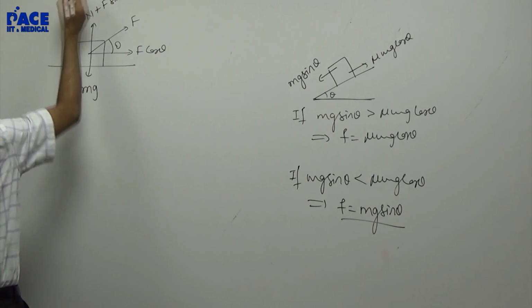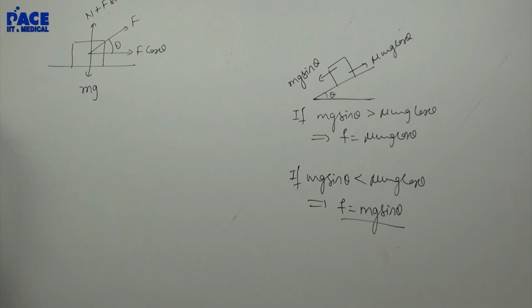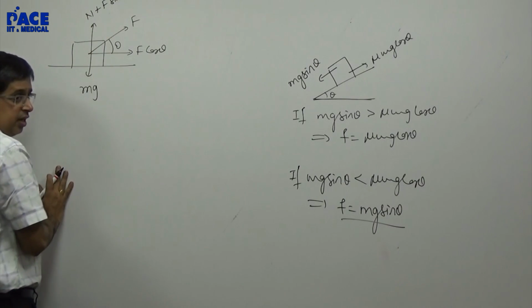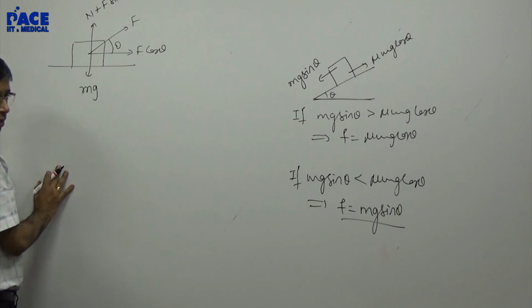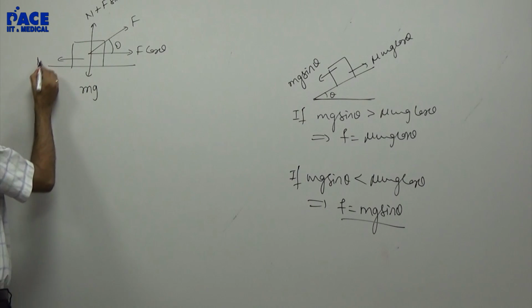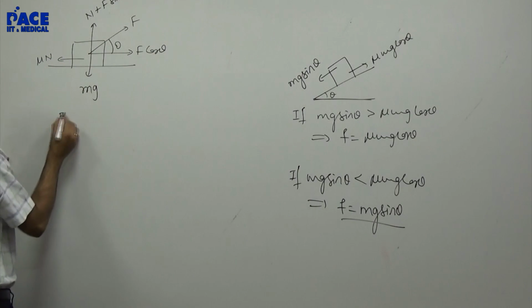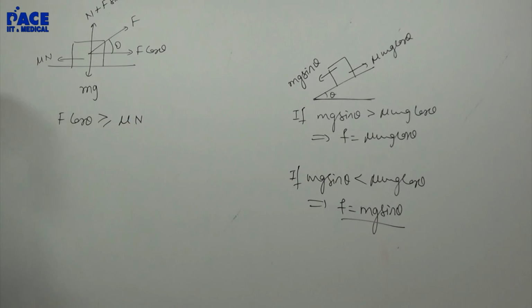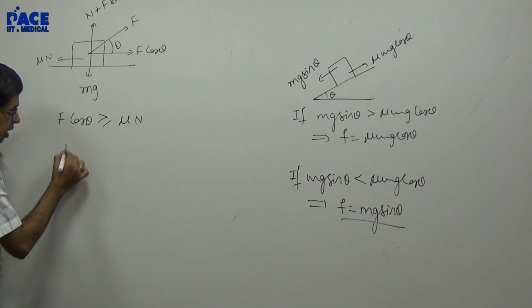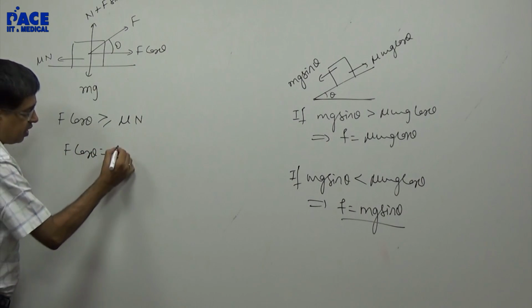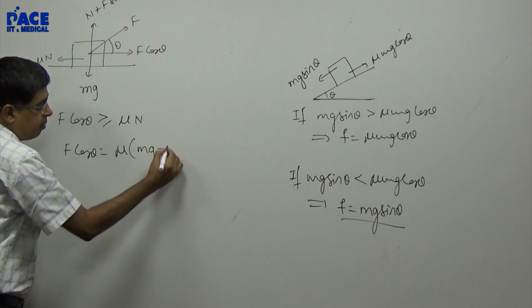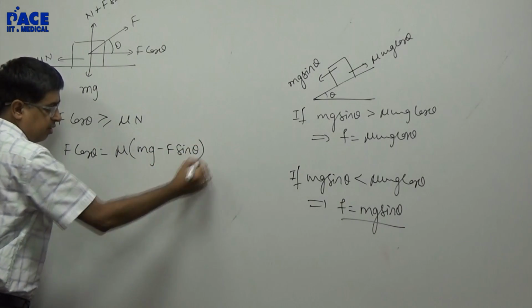Pulling a body. Suppose I am pulling at an angle theta. So it will have F cos theta and F sin theta. Agreed? When will the body move? If F cos theta is greater than or equal to mu N. Let me take the limiting value: F cos theta is equal to mu N. What is the value of N? mg minus F sin theta.